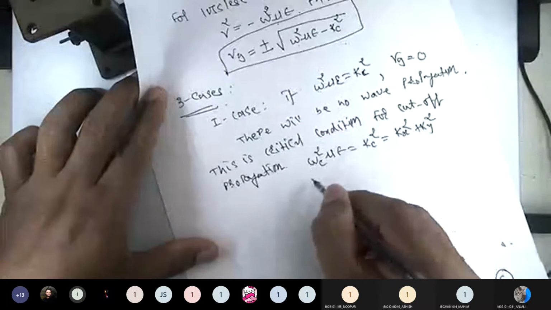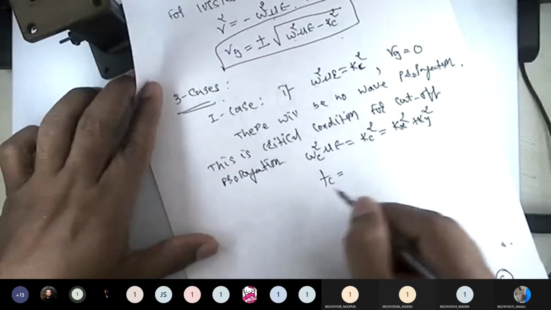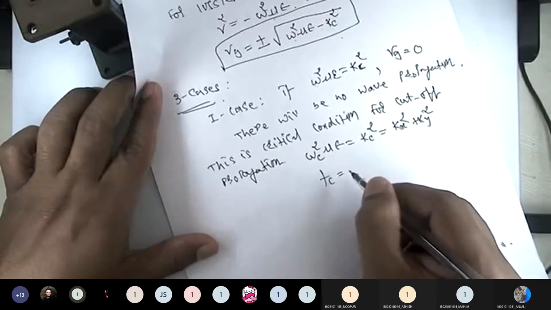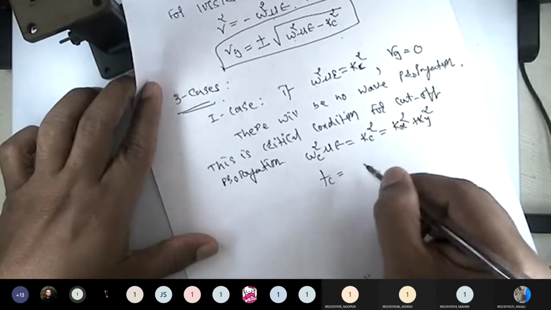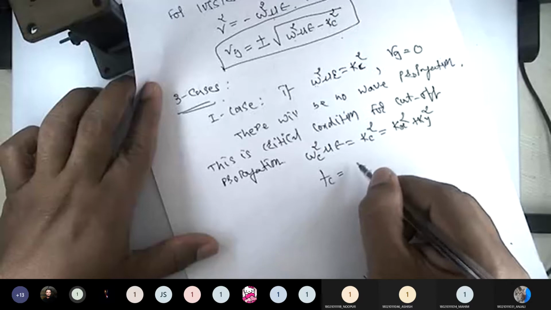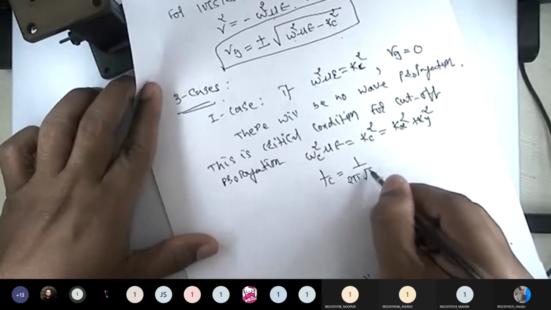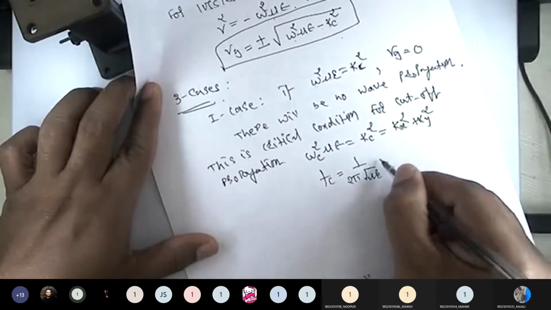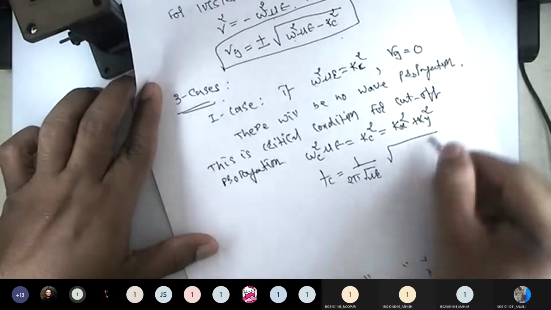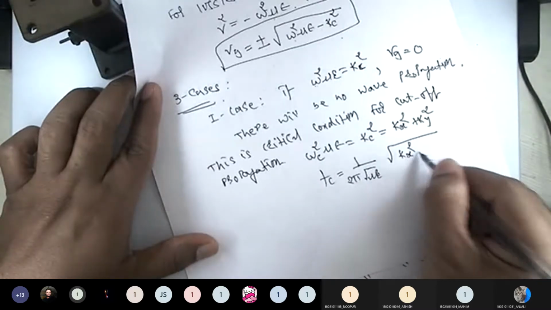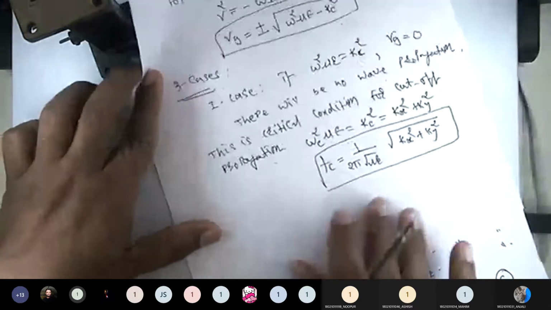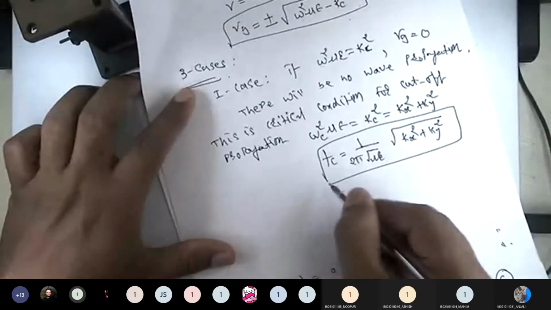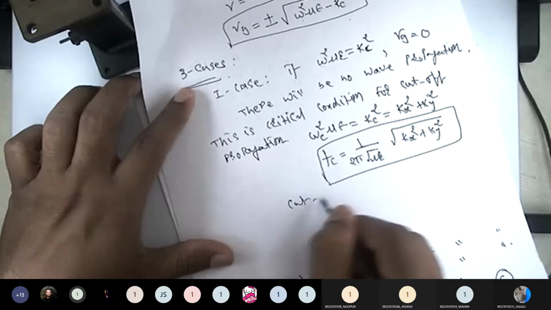Simplifying in terms of frequency, omega c is equal to 2 pi fc, so fc will be 1 over 2 pi square root of mu epsilon, times the square root of kx square plus ky square. Now you have an expression which is considered the cutoff frequency.